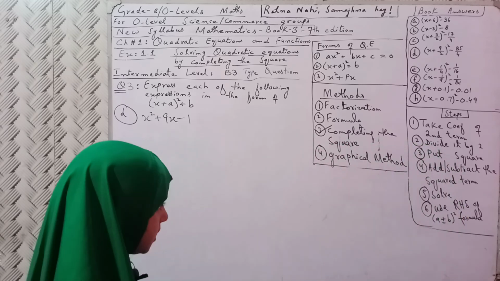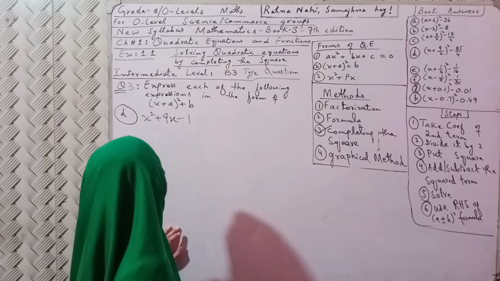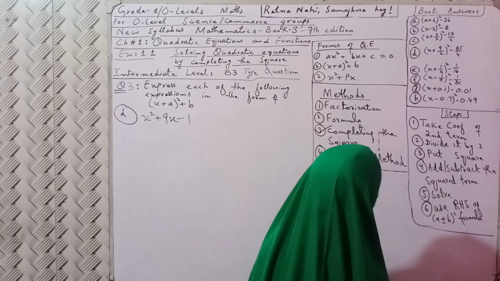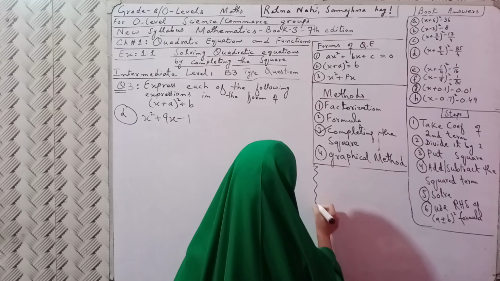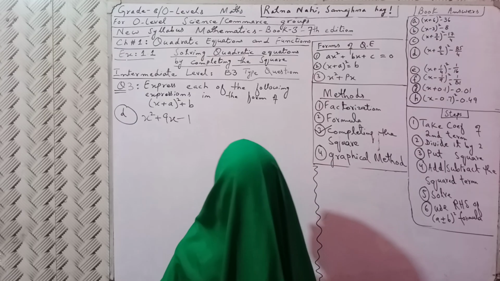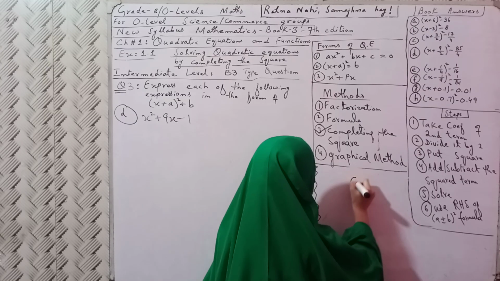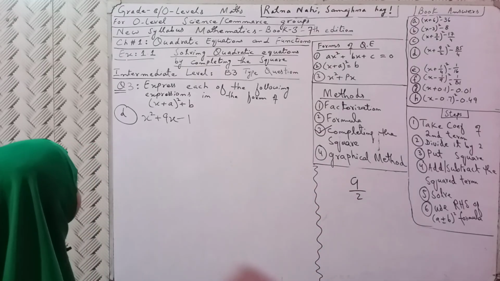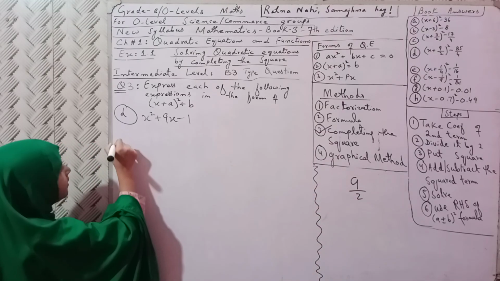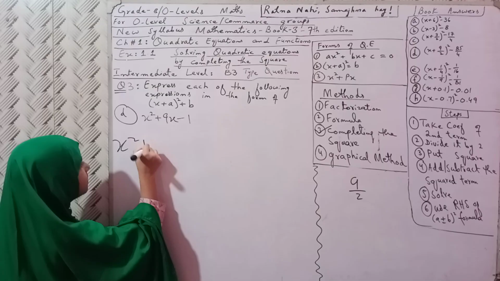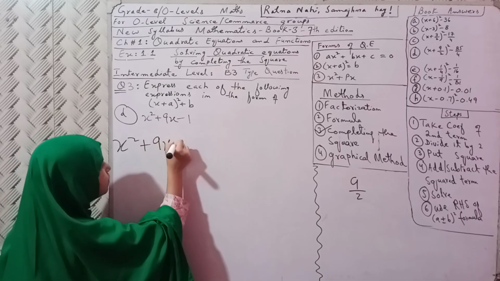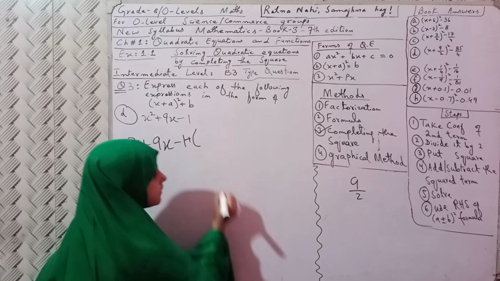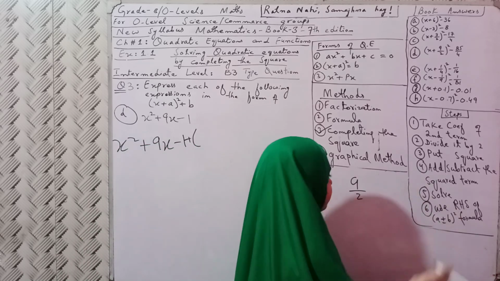Now, the first step is take coefficient of second term. So, here will come 9 upon 2. Then here will come x square plus 9x minus 1 plus bracket divided by 2.